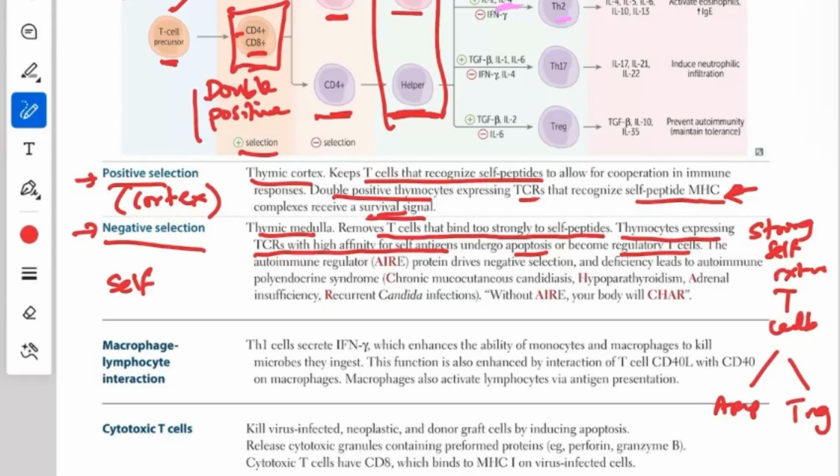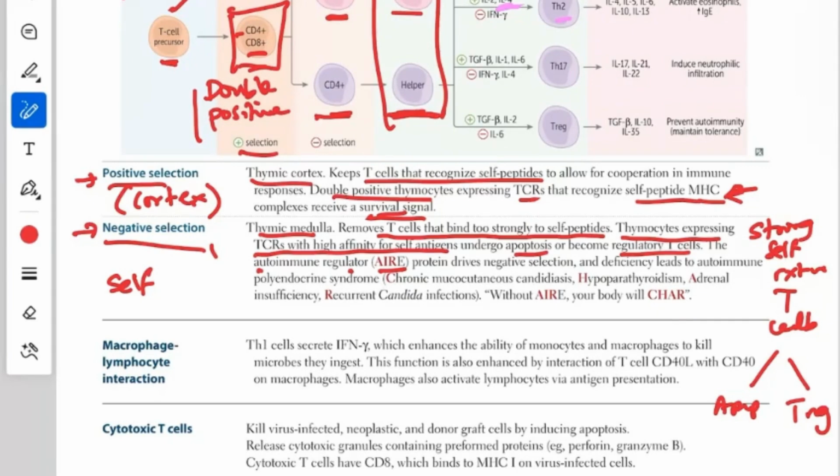Those are the two things that will happen to them. So either they will die off or they become regulatory T cells. All right. There's a gene that drives this negative regulation, and that gene is called autoimmune regulator. That's AIRE. So it drives negative regulation.